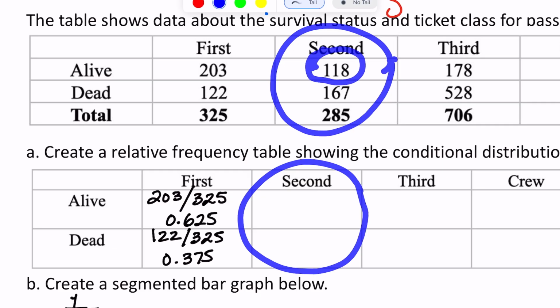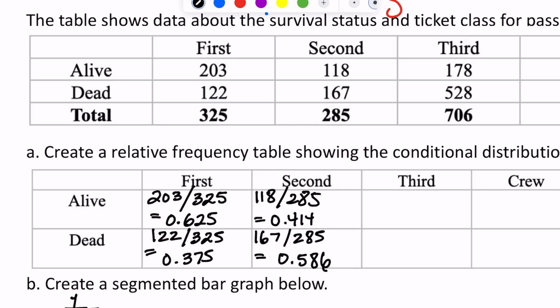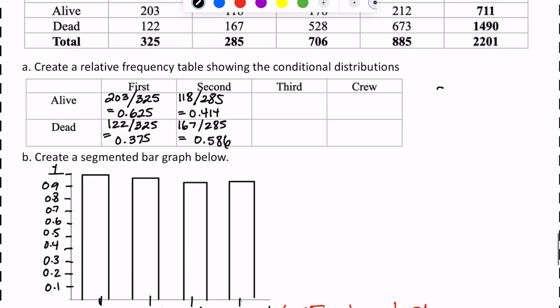There were 118 out of 285 that were alive, which should be 0.414. Let me double check that. Yep. And then for dead, it was 167 out of 285, which is 0.586. Okay, I'm going to pause here and show you what this will look like graphed.